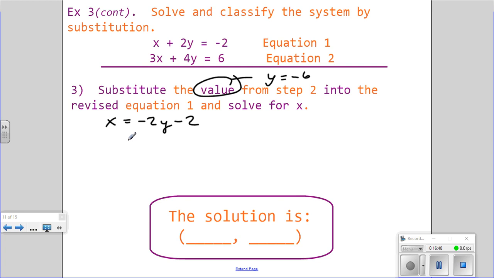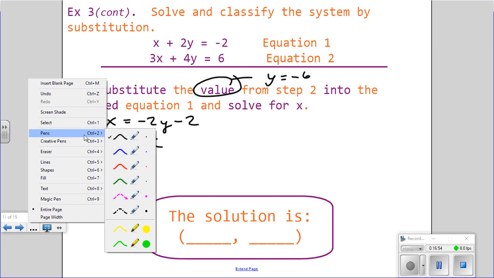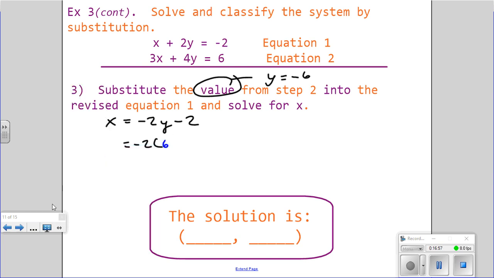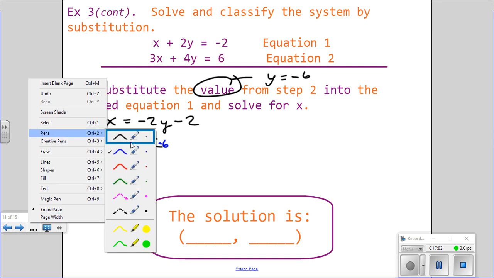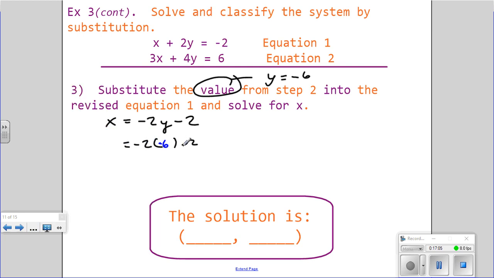Anyways, so now I'm going to take y and replace it with -6 now that I know how much y is. And solve for x. So -2 times -6 is positive 12. And positive 12 minus 2 is 10. So my solution should be (10, -6).